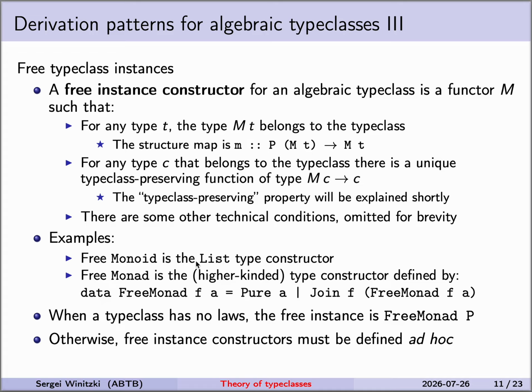A free monoid is just the list type constructor. So if I have any type t, then the free monoid on t is list t. And list t is a monoid for any t. And if you have any monoid, then list of that monoid can be folded to a single value of that monoid.